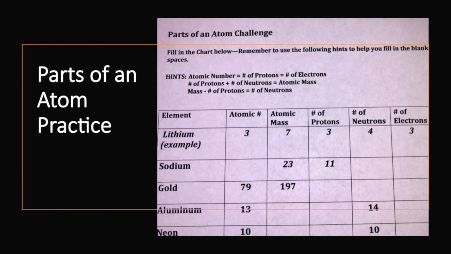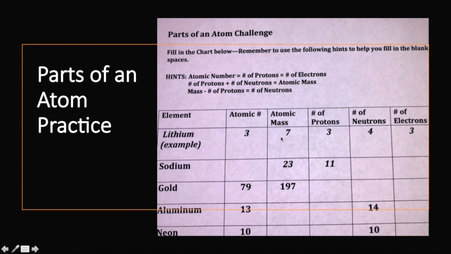I have available for you a handout that's going to let you practice with those things we've just talked about. The first line of the handout is an example for lithium. Lithium has an atomic number of 3, which automatically means it has 3 protons and 3 electrons. The periodic table tells me that the atomic mass for lithium is 7.